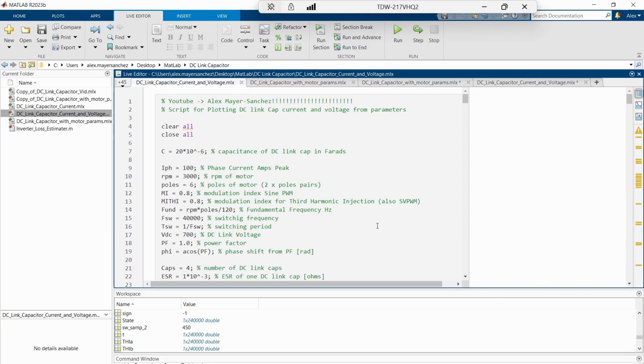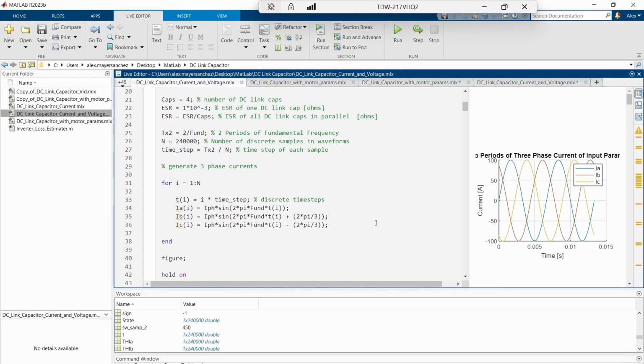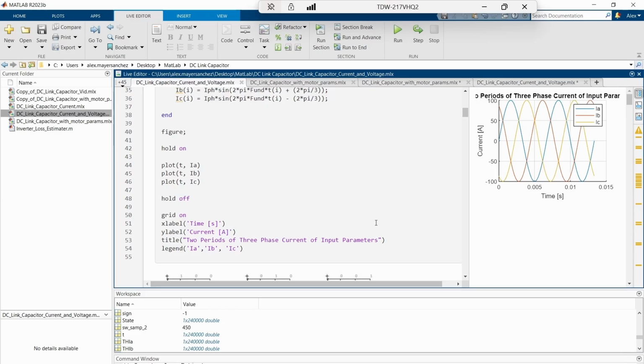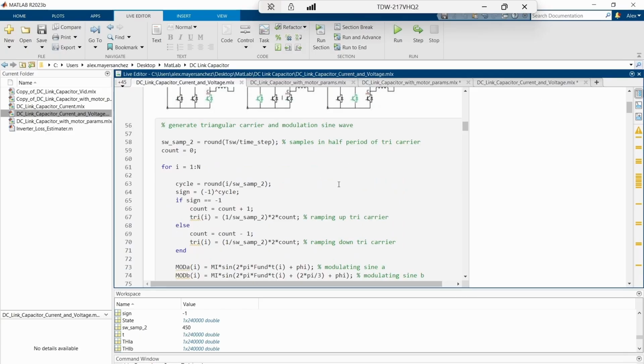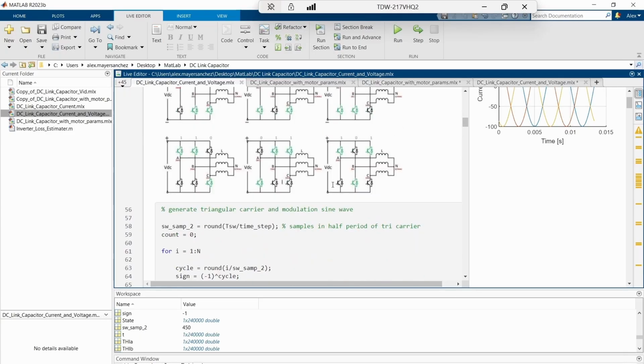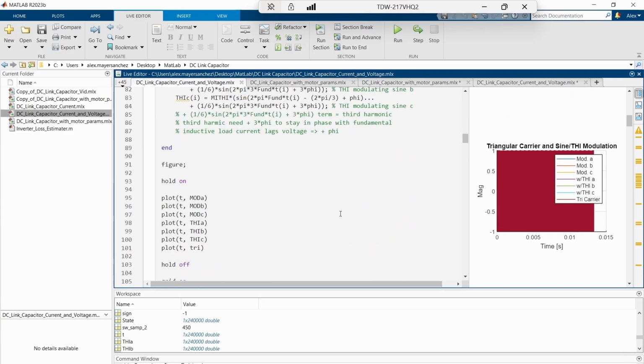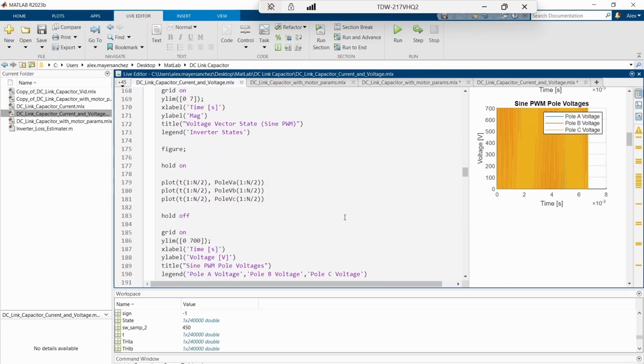The power factor determines the voltage phase shift relative to the current. So we're taking the modulation index, the power factor, the phase current and other parameters in order to determine the switching states and the current through the switches in each of these states, such that we can determine the DC link current.